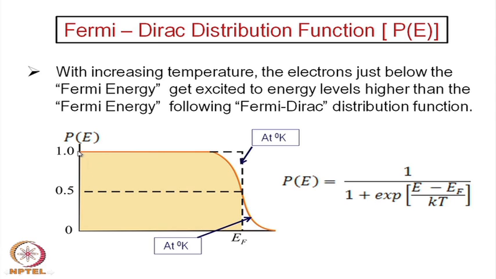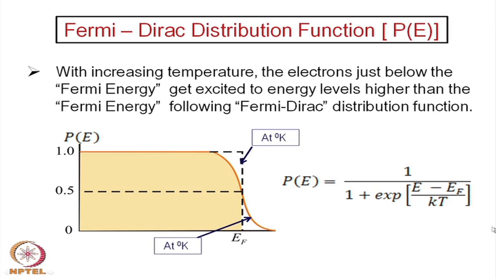So, 1 means it is fully occupied. These energy levels up to this are fully occupied, and the distribution function can be expressed in this manner: P equals 1 over 1 plus exponential of (E minus E f) by k T.